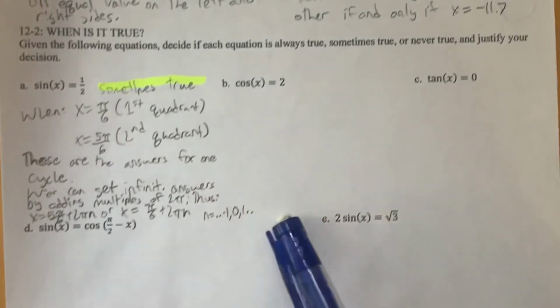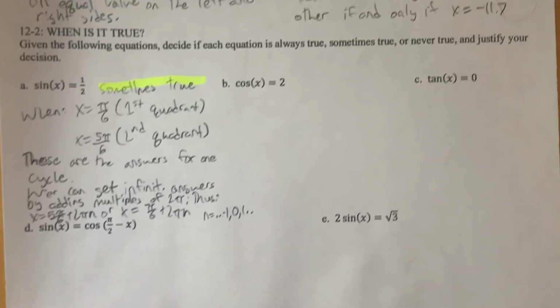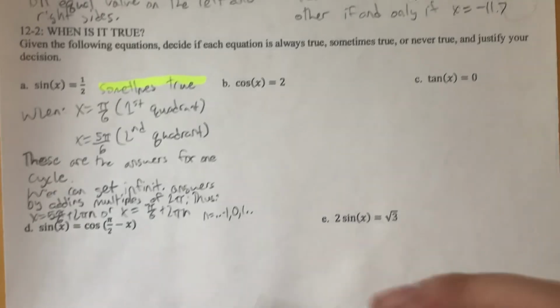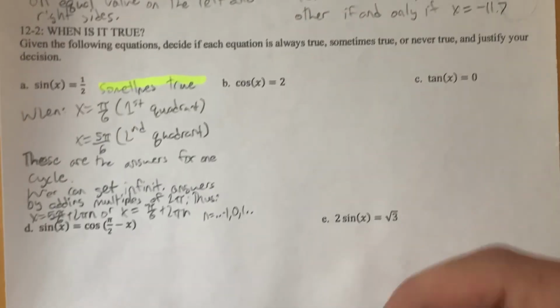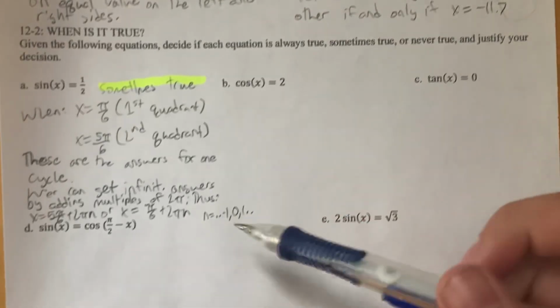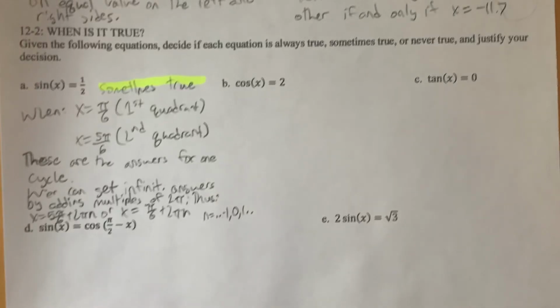So it goes from negative infinity to infinity. That's what n can be. Any integer from there. So doesn't matter, 2 pi around, 2 pi backwards because you used the negative. These are all the coterminal angles that x can equal. But it's sometimes true because it's not every value of x. So let's continue.